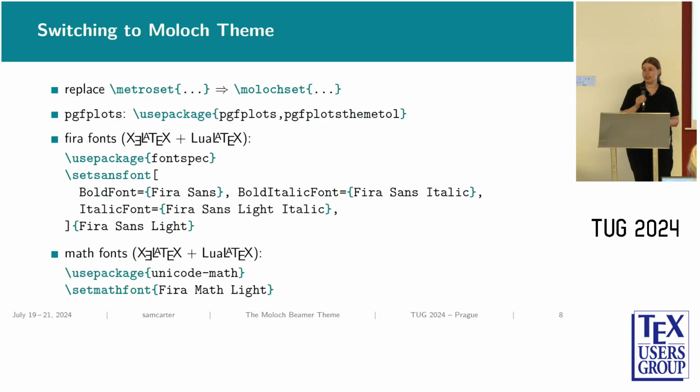And if users like to continue doing that, they can do this manually by loading the fonts via fontspec or via the unicode-math package if they also use math. This gives them the same behavior as previously with the Metropolis theme, but they don't have to. They have the option to use them, but the Moloch theme itself doesn't dictate any special fonts.